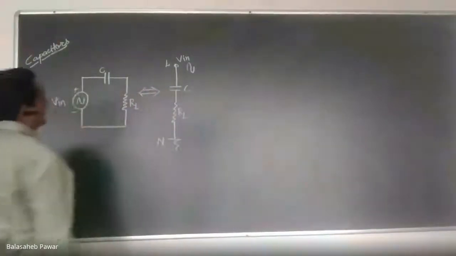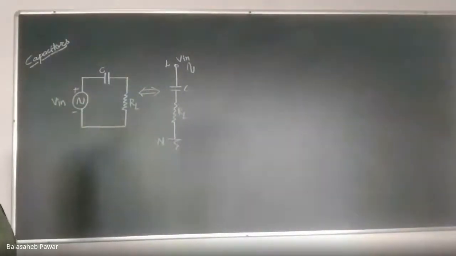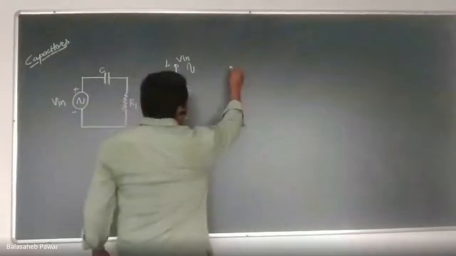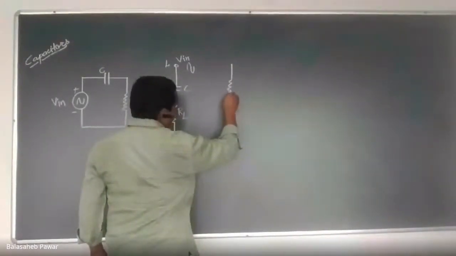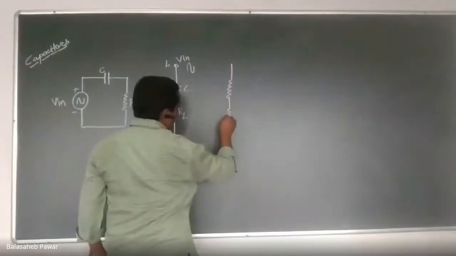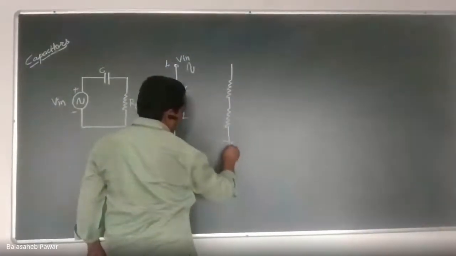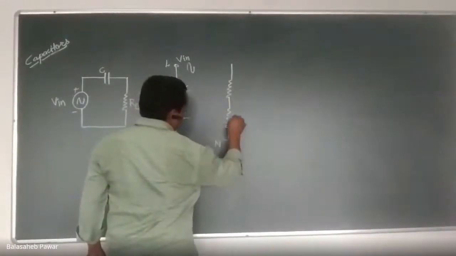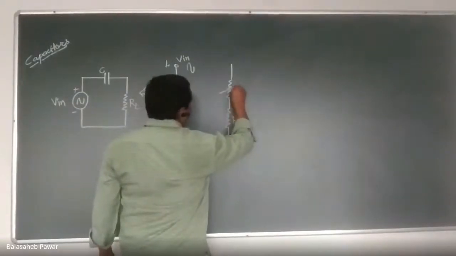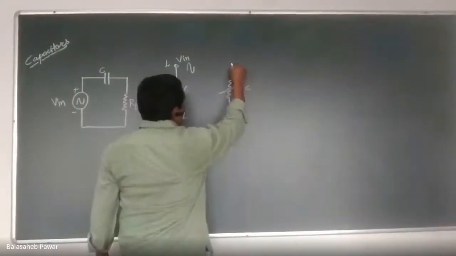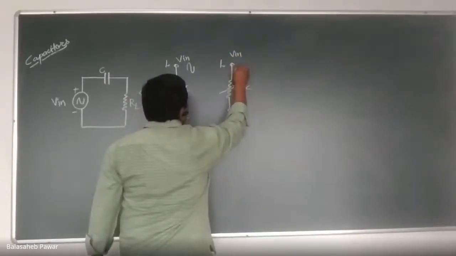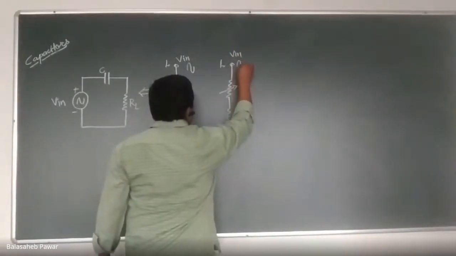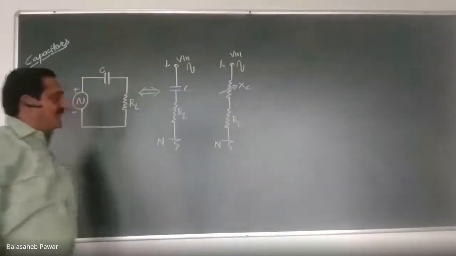Now the third diagram I will draw in terms of the AC equivalent of that capacitor. This is neutral, this one is RL, this is XC, that is the reactance offered by that capacitor, and this one is V in with the terminal as live and the signal is time varying.